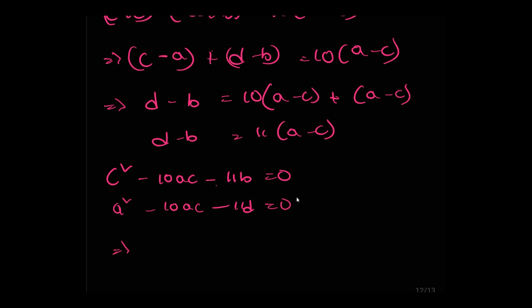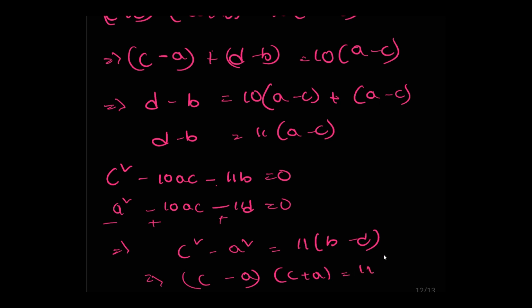Now from these two, subtract one from another. We get c square minus a square equals 11 of b minus d. That implies c minus a into c plus a equals 11 times b minus d.